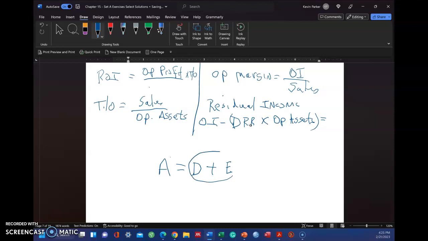So these two together pay for assets. So that desired rate of return sometimes can be the cost of capital, the cost of servicing the debt, and also keeping the stockholders happy by delivering them a certain rate of return. Because if they don't think they're getting the rate of return that they want, they'll sell their stock. And if a lot of people sell their stock, then the stock price will go down, correct?